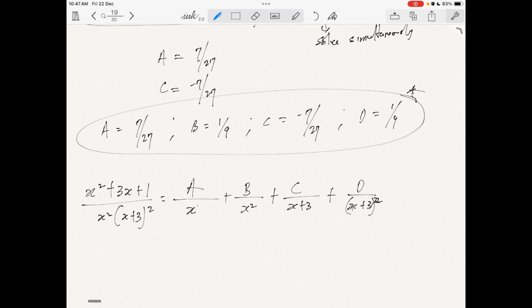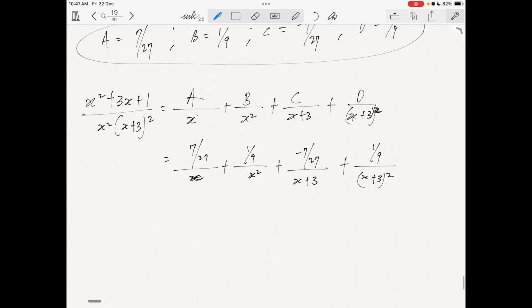Okay, so now we just have to substitute our values. A is 7 over 27 over x, plus b, which is 1 over 9 over x squared, plus c, that's minus 7 over 27 over x plus 3, and then plus d, that's 1 over 9 over x plus 3 squared.